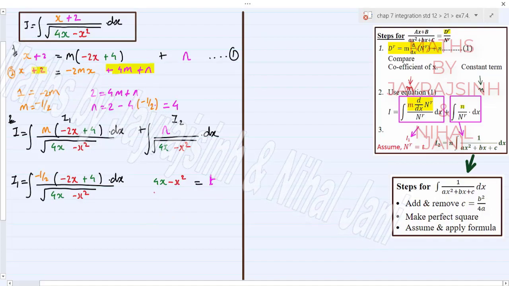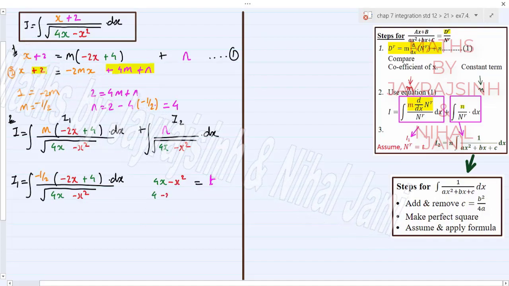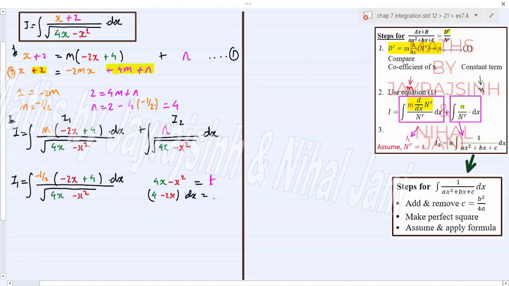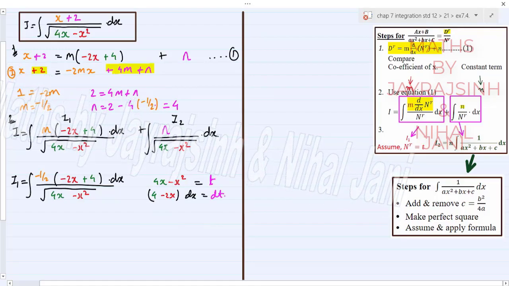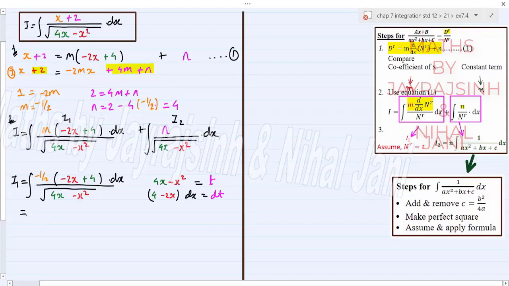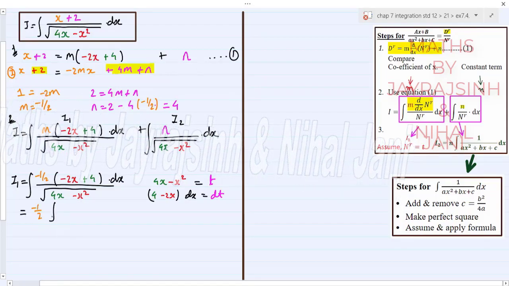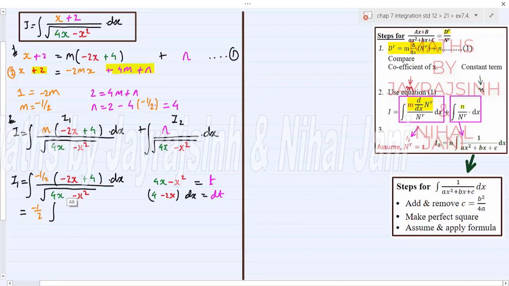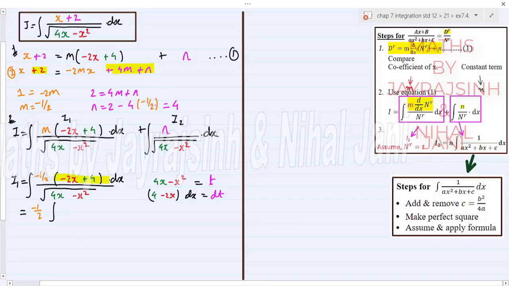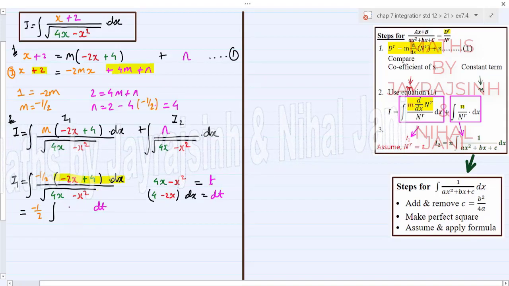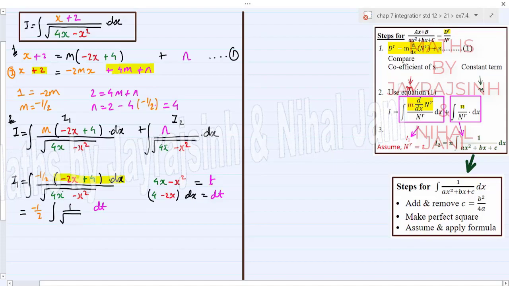So let's differentiate both the sides. (4 minus 2x) dx is equal to dt. So our I1 will be modified as minus 1 by 2 as it is, integration of (minus 2x plus 4) dx will become dt, and 1 upon under root of 4x minus x square will be under root of t.